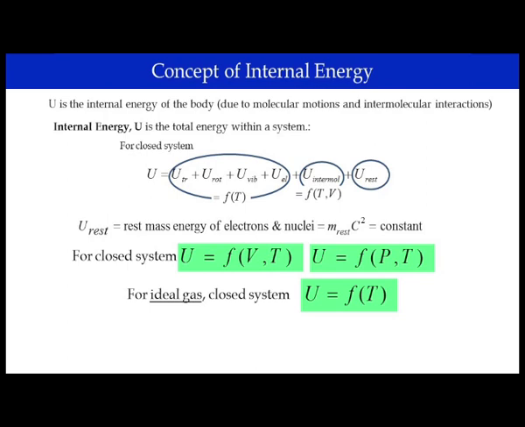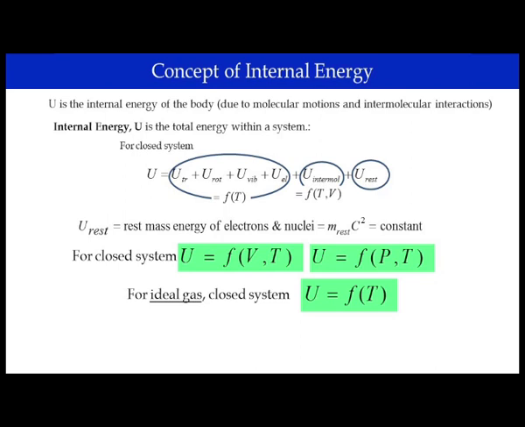Now, if we consider an ideal gas or a perfect gas, then you know that there are no intermolecular interactions between molecules in the case of an ideal gas, so this term will be 0. So, the internal energy of an ideal gas would be only dependent on temperature for a closed system, of course.